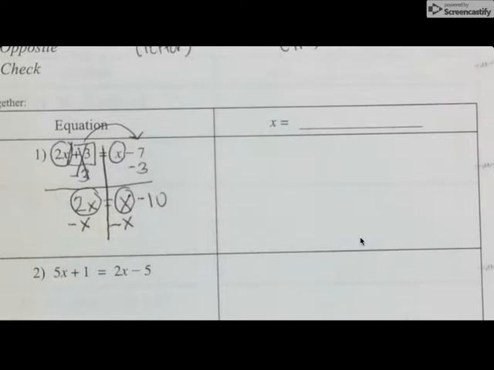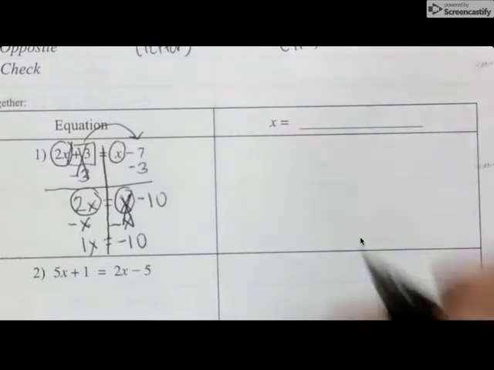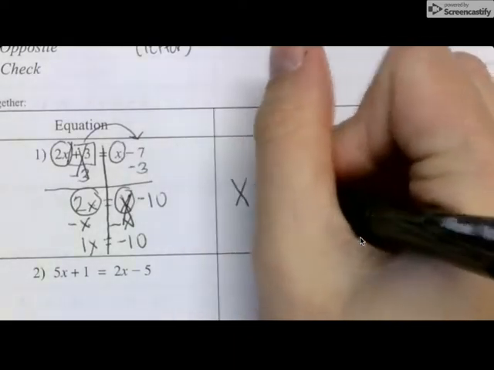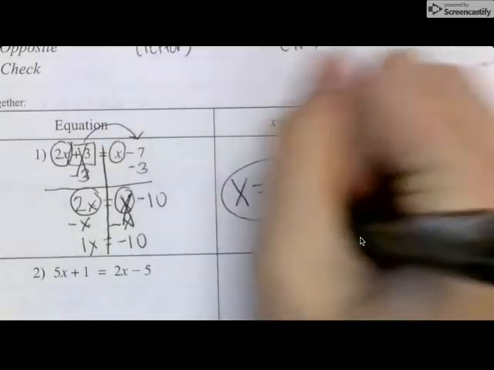Because the x was positive, I'm going to subtract it. So that x makes a 0 pair, leaving me with negative 10. And what's 2x minus x? 1x or just x? So this is x equals negative 10.